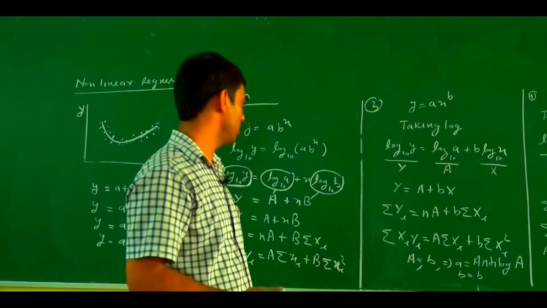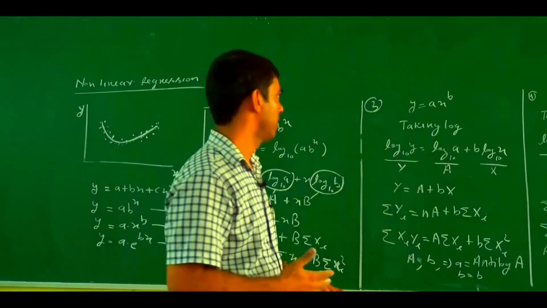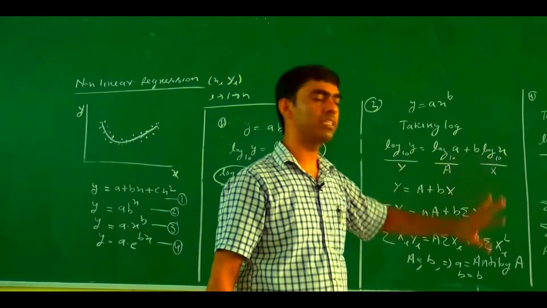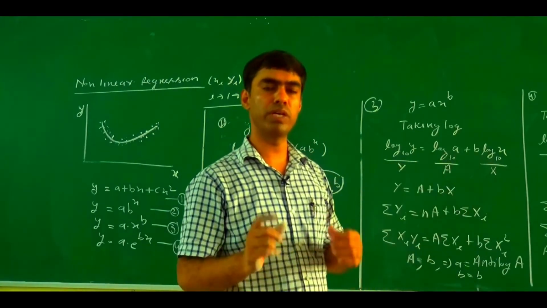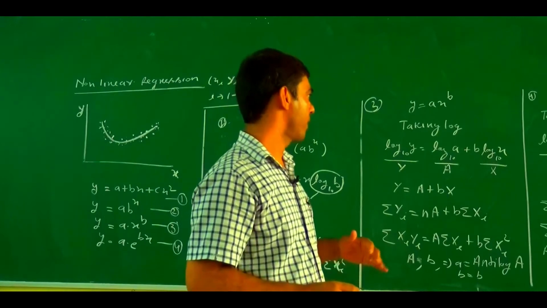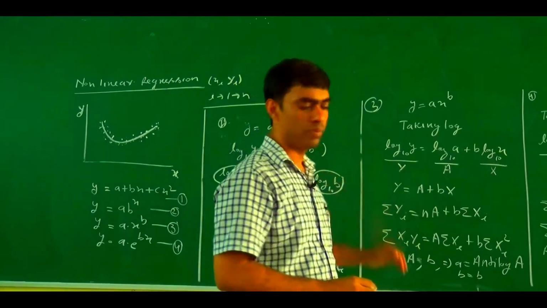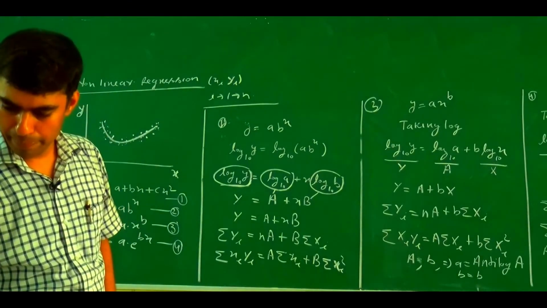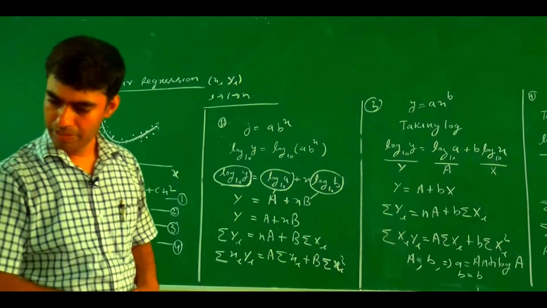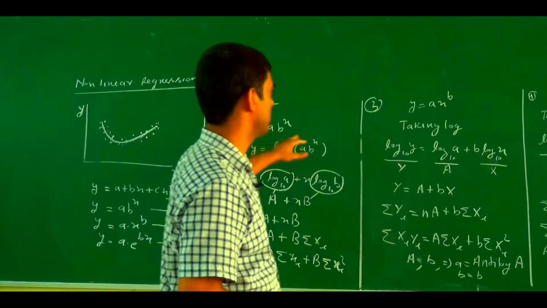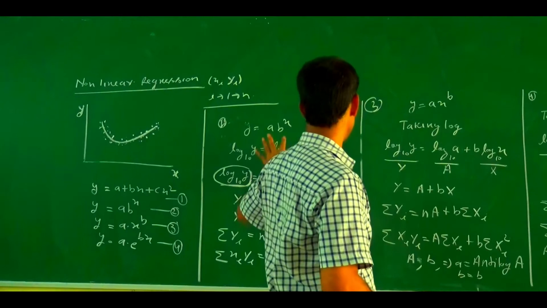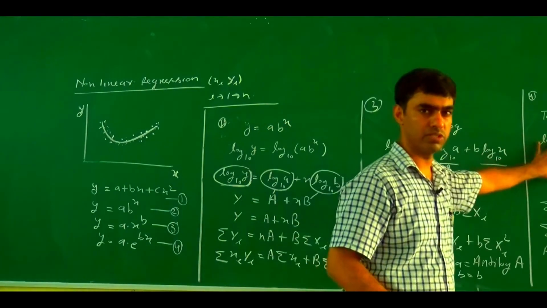Now we are going to solve one numerical problem, because the procedure of all three methods is the same. The numerical problem is y equals a b to the power x. Not y equals a b to the power x, we try to solve y equals a x to the power b, and similarly we are able to solve this one and this one also.